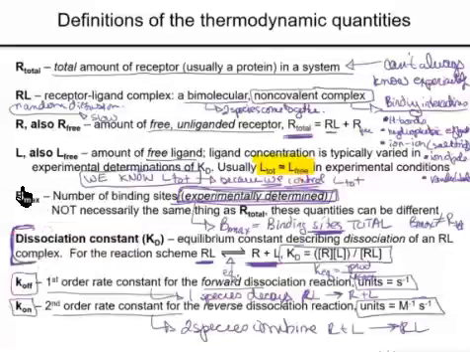So let's look down at the very bottom of the page here. We can assume that L total is about the same as L free because R total in a system is usually very, very much less than L total.